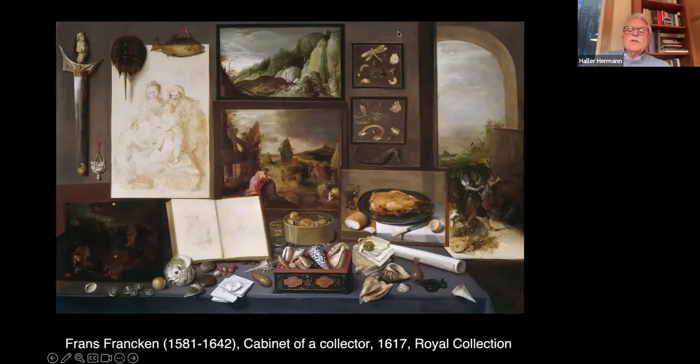Here we have the seahorse, but then we have drawings on the wall. On the left hand, a Holy Family. On the right hand side, there are other animals and flowers and insects. You can see that the shells were a regular part of the collection, but you can see also letters. You see other things which you haven't seen before.